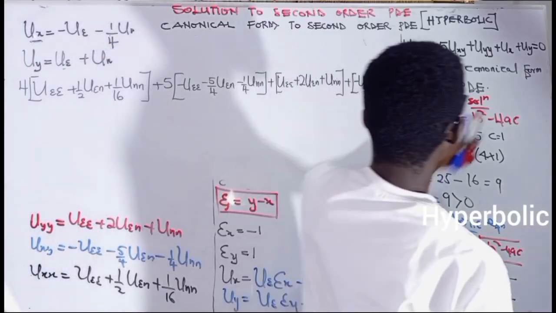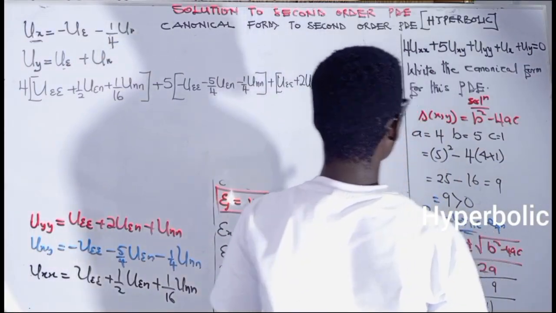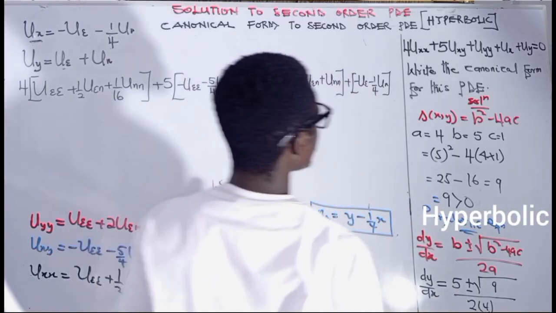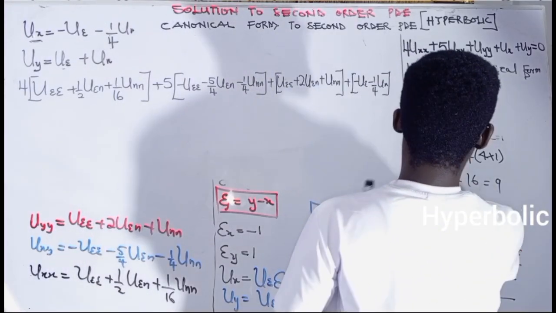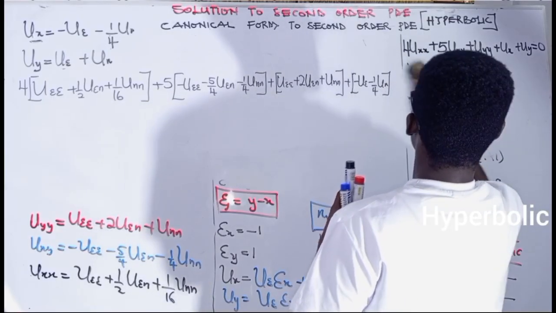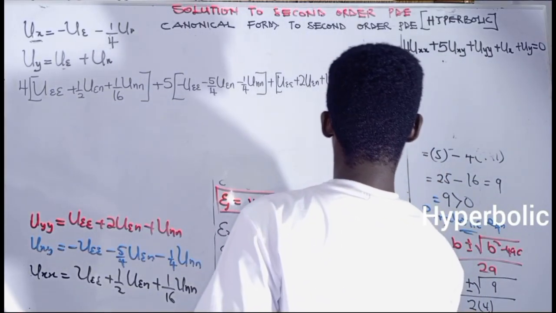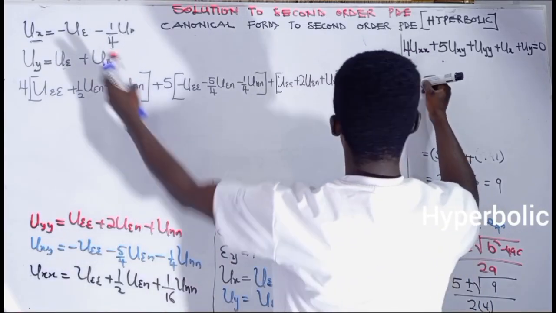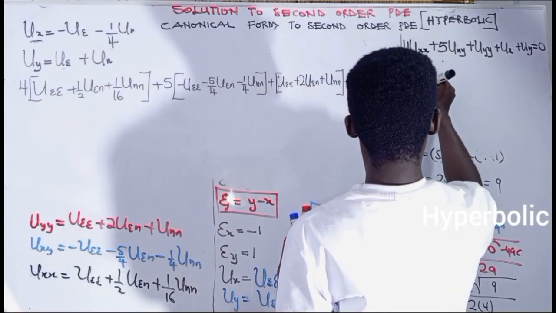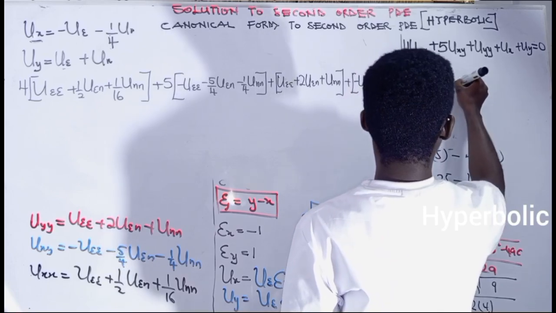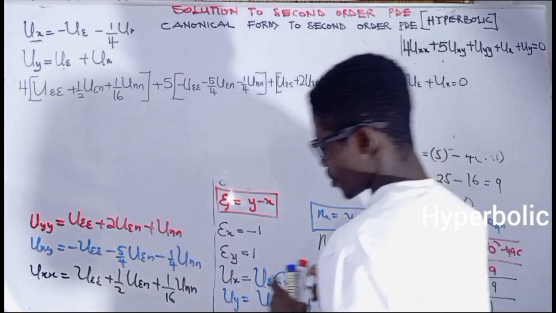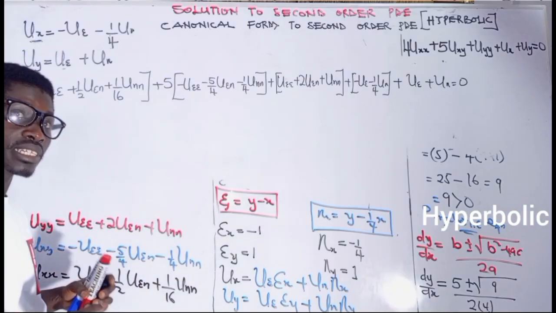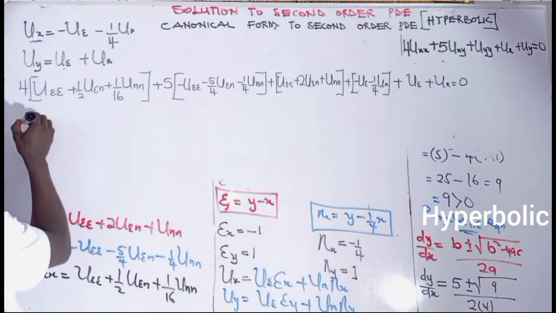Then we have the last one, which is u_y, u_xi plus u_eta, and this is equal to 0. So we have plugged in all of that. We are just going to do some small algebra. The rest is algebra.